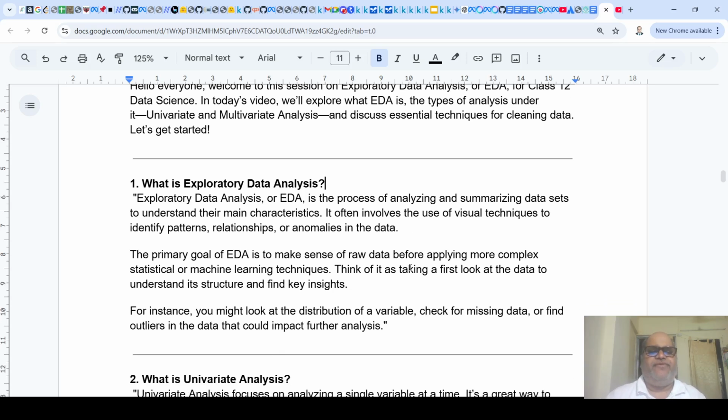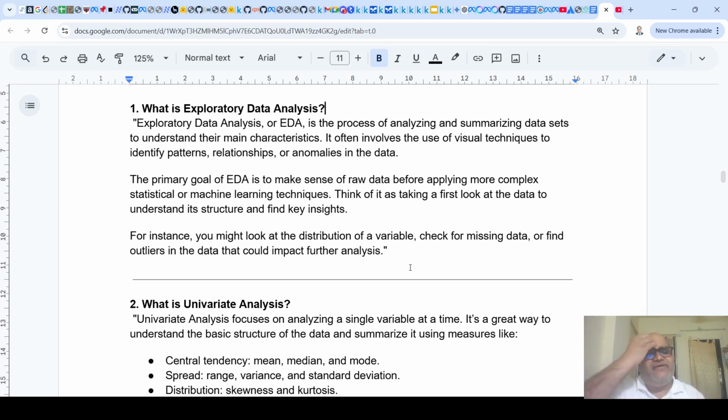So before we move further into this, what is exploratory data analysis, right? Exploratory data analysis is typically the first step before you start into the other detailed part of your modeling journey.